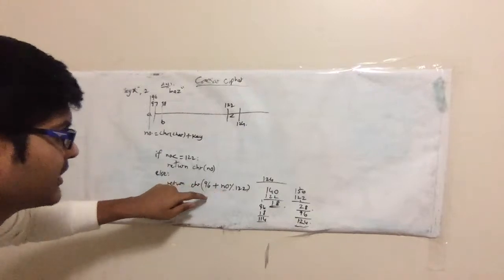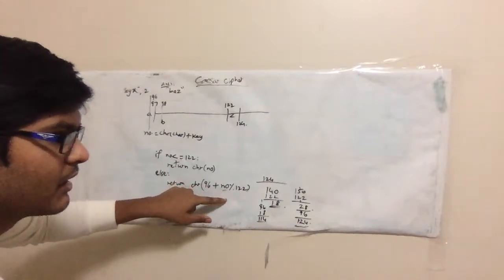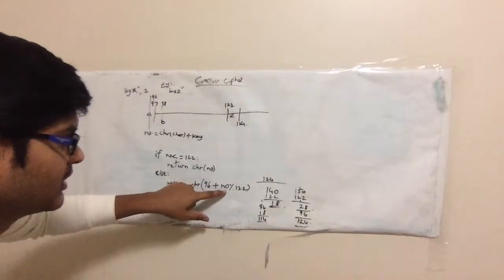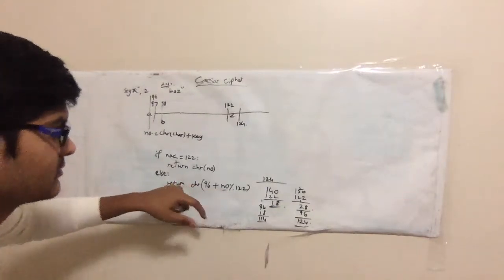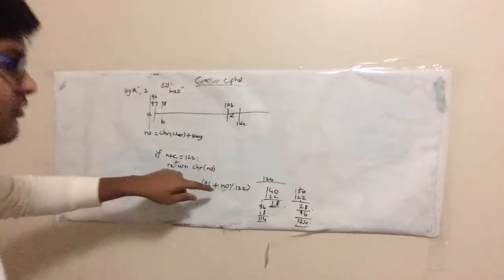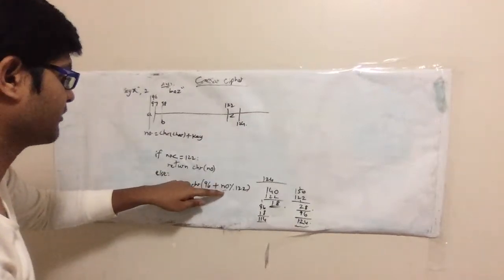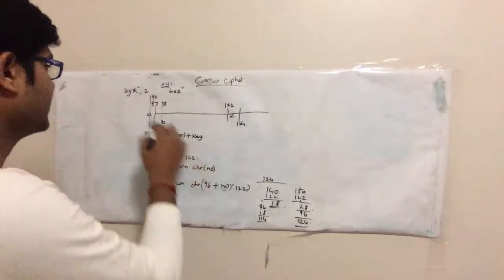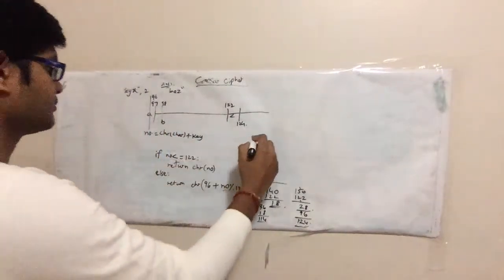what is the reason that we crossed the 122 here? Because this number is larger. So what is causing the bigger value is the key. If you get a larger key, like we got here 2.